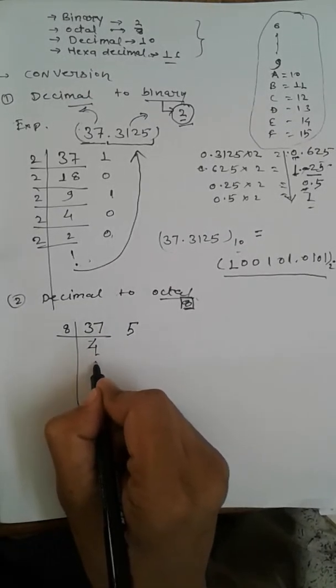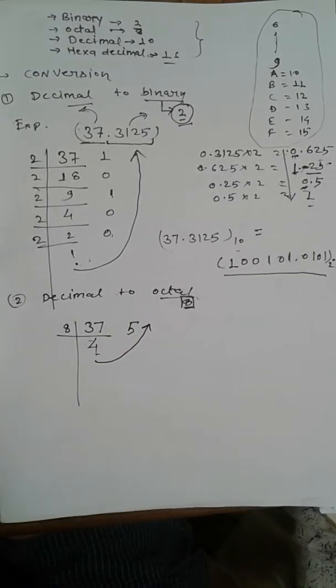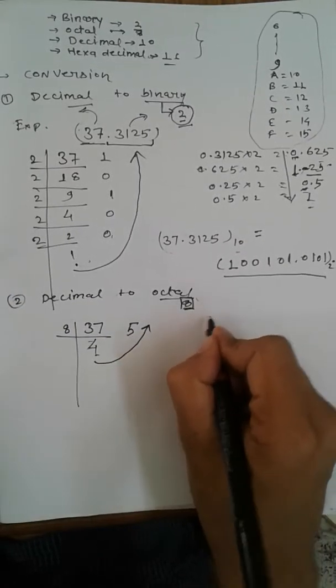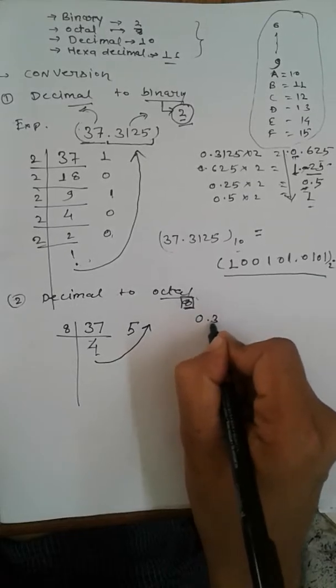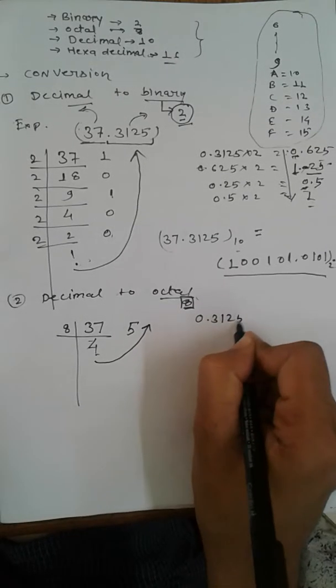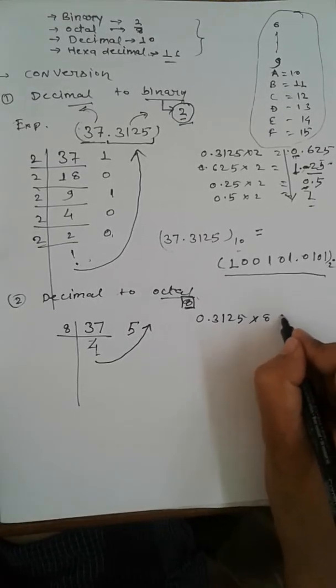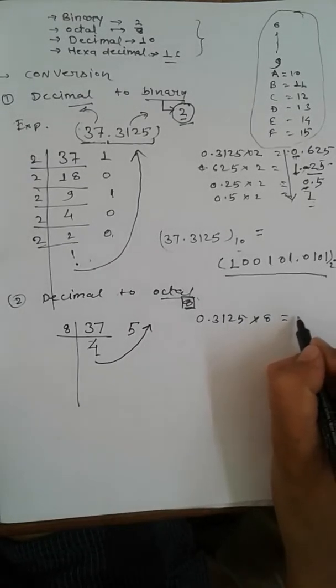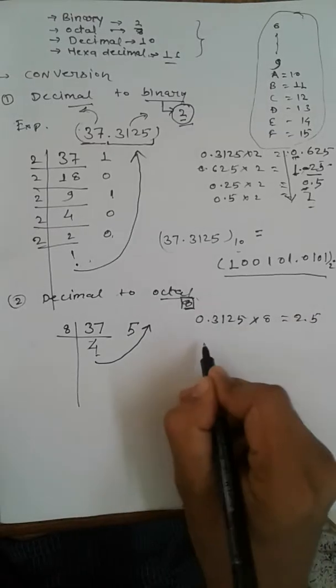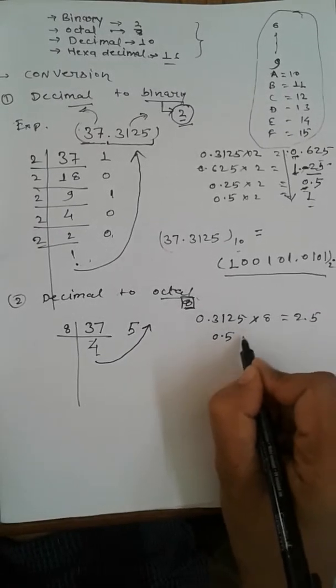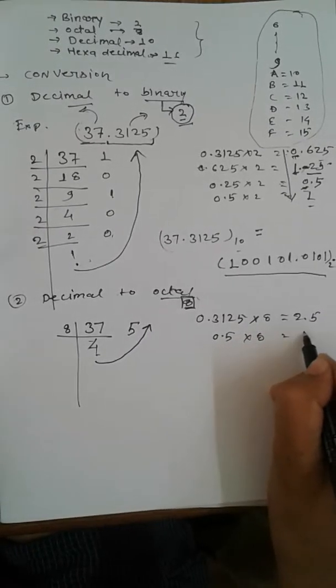In the fraction part, 0.3125 multiplied by 8 is 2.5, and 0.5 multiplied by 8 is 4.